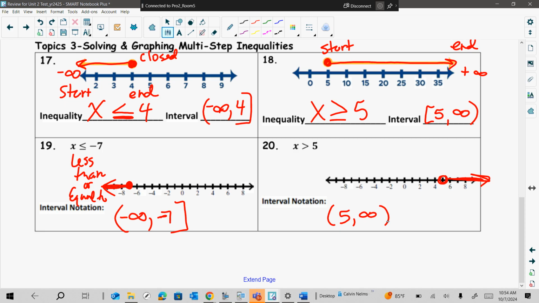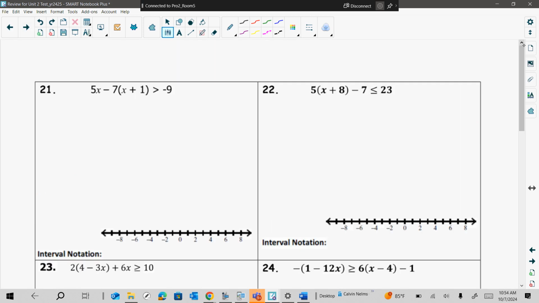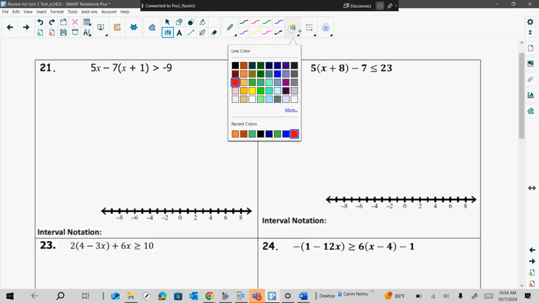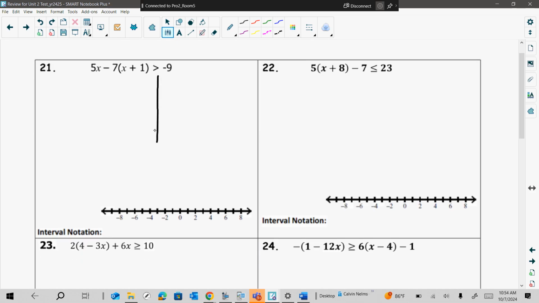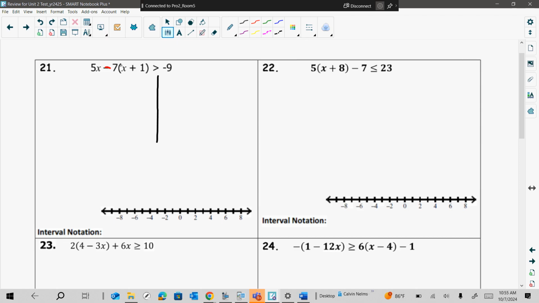All right, now we're going to solve and graph. Let's talk about these last two sections. When you have an inequality and you're solving it, you want to get the variable on the left side to make it easier with the graphing. So on 21 here, we need to distribute this negative 7 first. So what am I going to write?